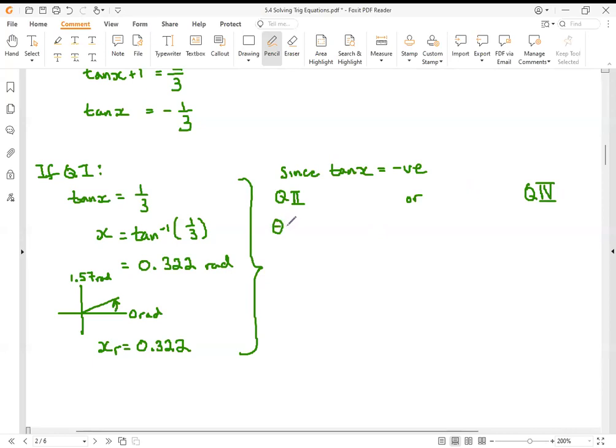If you forgot or you need a refresher, the angle that we are in question is equal to pi minus the related, and for quadrant 4, the angle that we're dealing with is 2 pi minus the related. I'm going to say x, the angle that I'm looking for, is pi minus 0.322 radians. And my x is 2 pi minus 0.322.